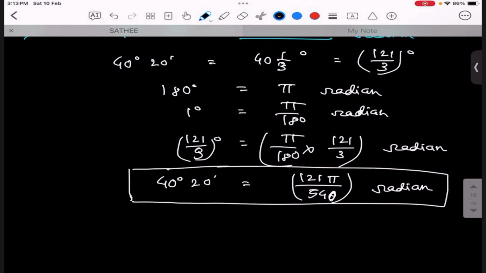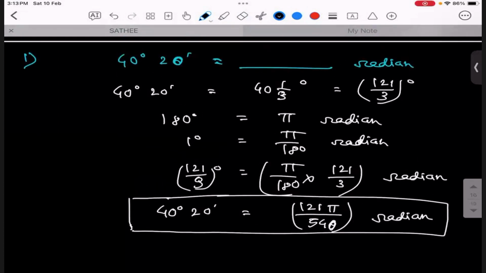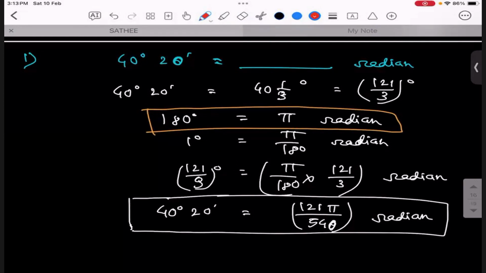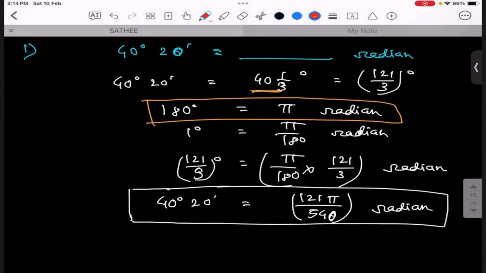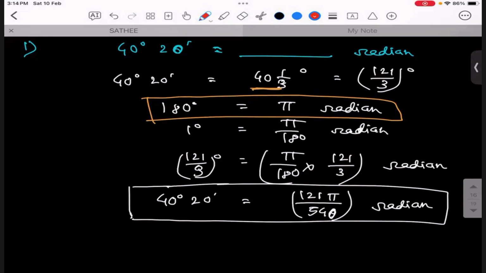In a similar way, if someone gives the measure in radian, then using this formula only, one can find how much the measure will be in degree, and that can be converted into minutes depending on the fraction, here it was 1 by 3. Why is it 1 by 3? Because 1 degree equals 60 minutes, so 20 minutes means 1 by 3 degree.